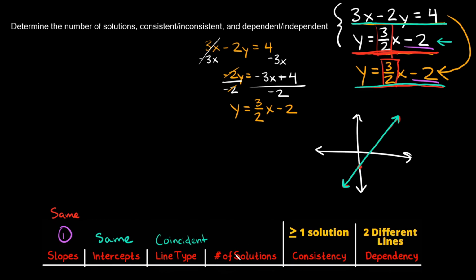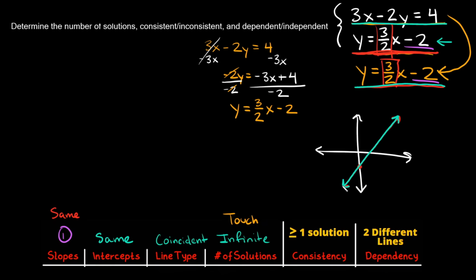So for the fourth step, the number of solutions, how many solutions do we have? So the three choices again were infinite, 1, or 0. Well, in this case, we would have an infinite amount of solutions, right? Because if you remember, this is the touching one, right?